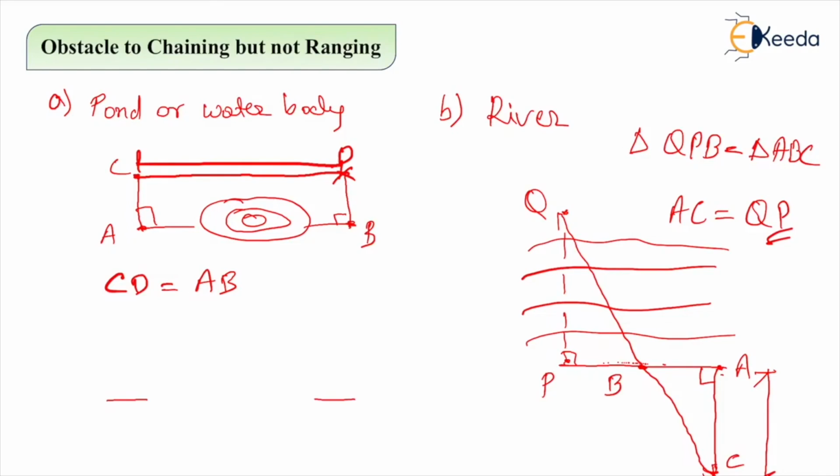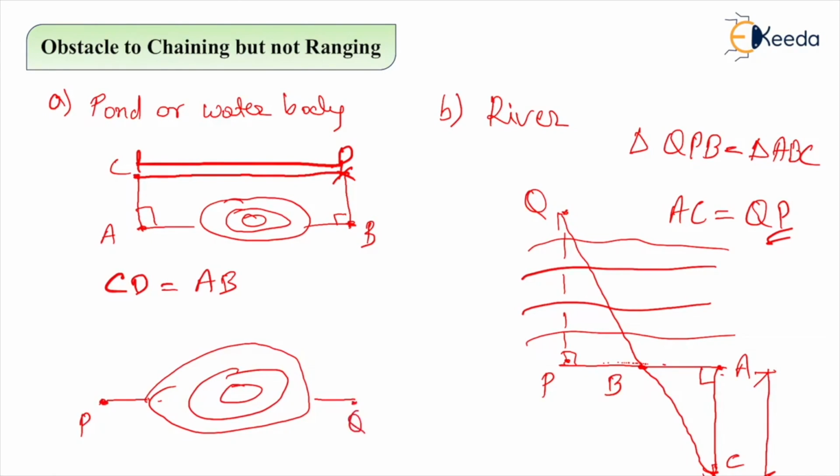Or for the second method, we can use this. Suppose there is a pond. For a pond I am telling you. Second method, if the linear measurement is not available, then what we can do, from P we'll draw a line at a known angle, and from Q also we'll draw a line at a known angle.